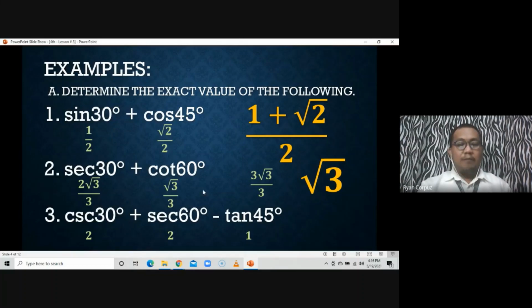So, you'll have 2 plus 2, that would be 4, minus 1 is equal to 3. So, cosecant 30 degrees plus secant 60 degrees minus tangent 45 degrees is equal to 3. So, hindi mo agad siya malalaman if you will not make use of the table of trigonometric ratios of special angles.